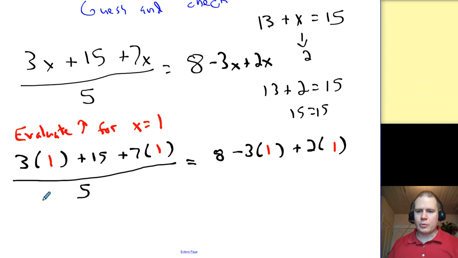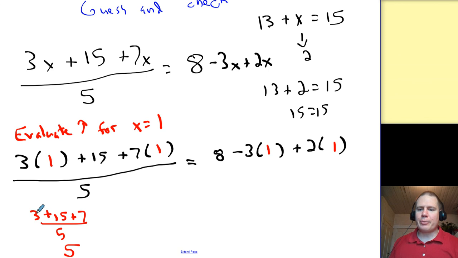So 3 times 1 is 3, plus 15, 7 times 1 is 7, 7 plus 3 is 10, 10 plus 15 is 25, 25 divided by 5 is 5. I'm going down my paper, simplifying as I go along. Notice, I didn't have to do 3 plus 7 is 10, and then factor out a 5. I don't have any variables anymore.